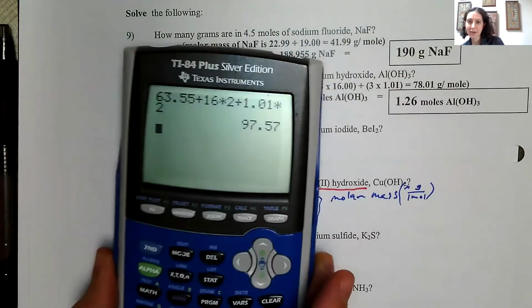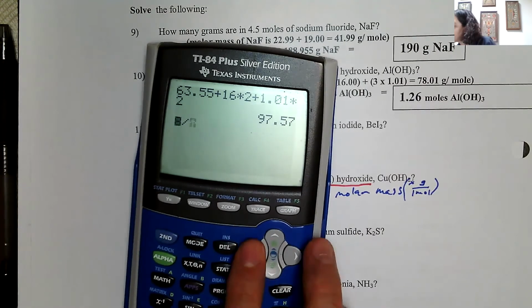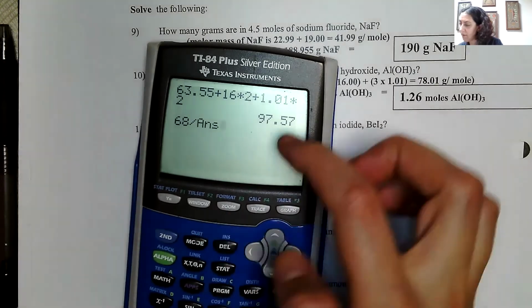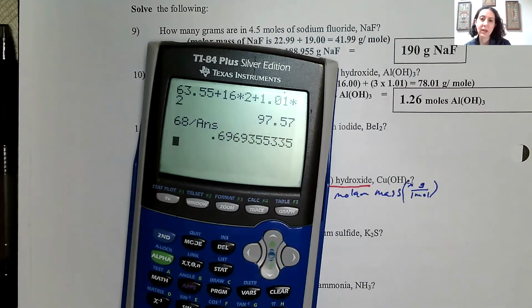So I'm going to do that in my calculator, a little bit funky. We do 68 divided by, oops, the 6 on my calculator doesn't always work. Divided by second answer, which for my calculator is 97.5. And we get, oh, this is fun. All right, we're going to round this to 2 places past the decimal.